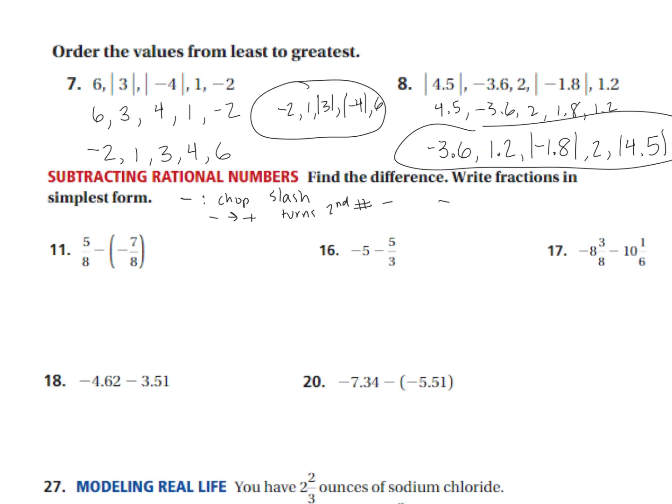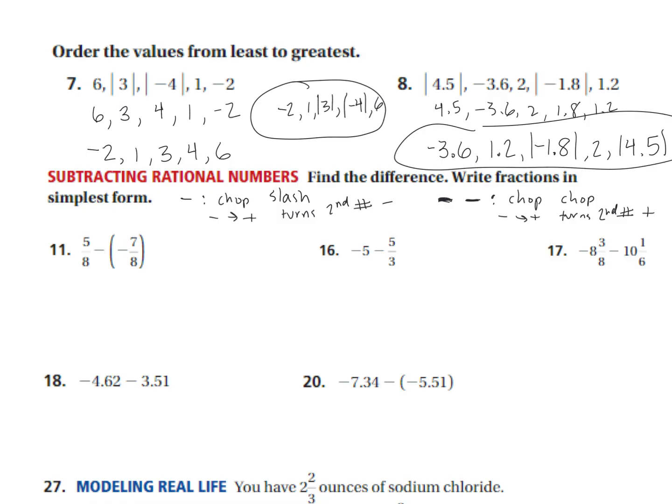If I have a double negative situation, so a minus a negative number, this is when we chop chop, which again turns my minus into plus, and then turns the second number positive.